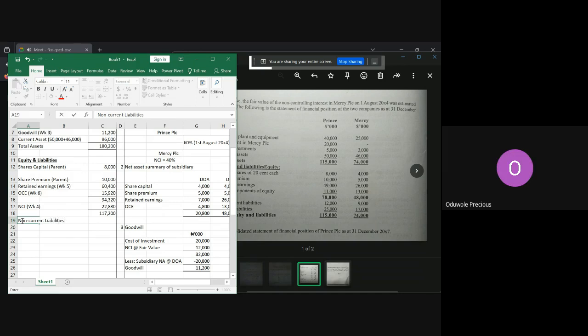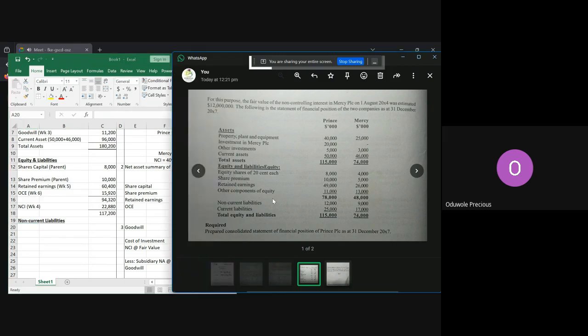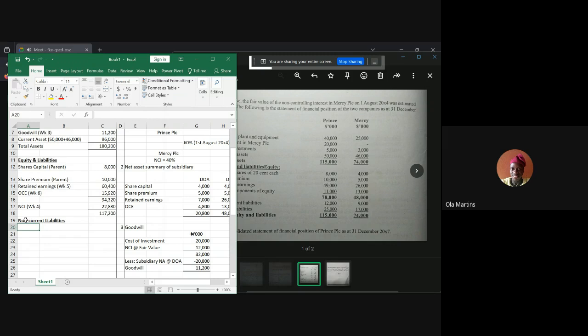Non-current liabilities. They just wrote it out, so let me just write it out too. So let's just add it.